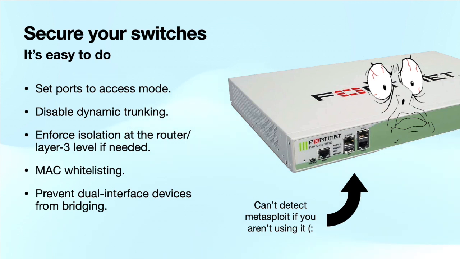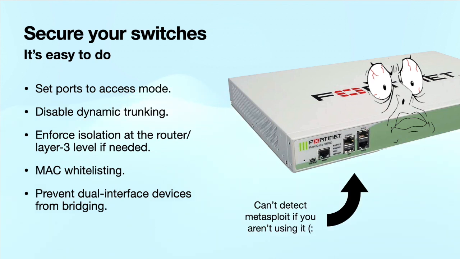Anyways, make sure that you secure your switches. It's really easy to do. Make sure you're setting your ports to access mode, disable dynamic trunking, and enforce isolation, whitelisting, as we talked about earlier, which I'm sure you're all familiar with. Y'all are a lot smarter than me on this topic, I'll tell you that now. And prevent dual interface devices from even bridging in the first place.